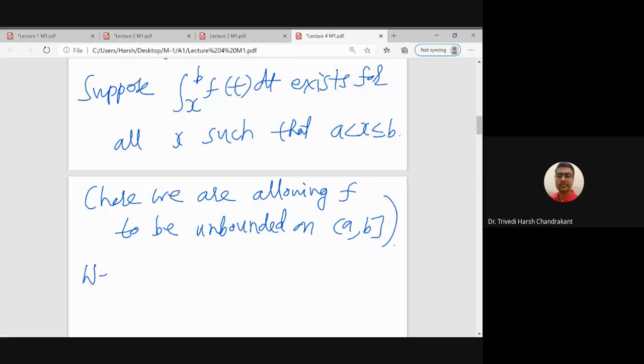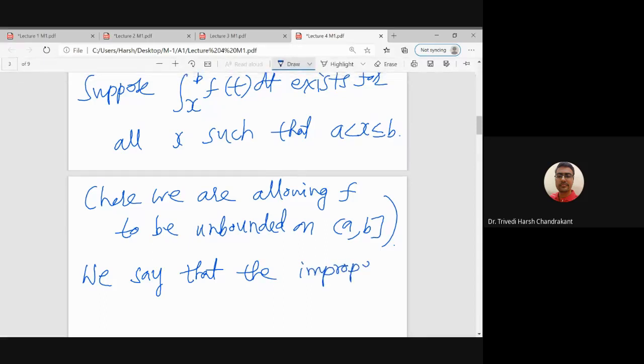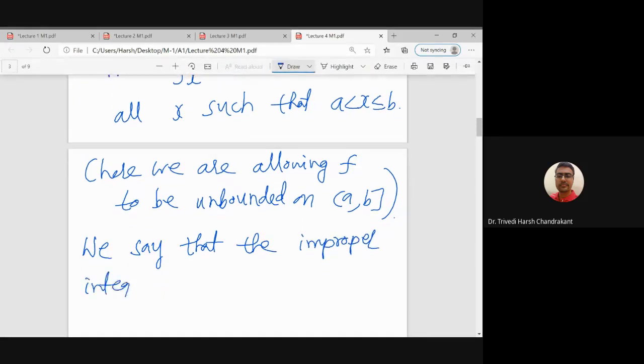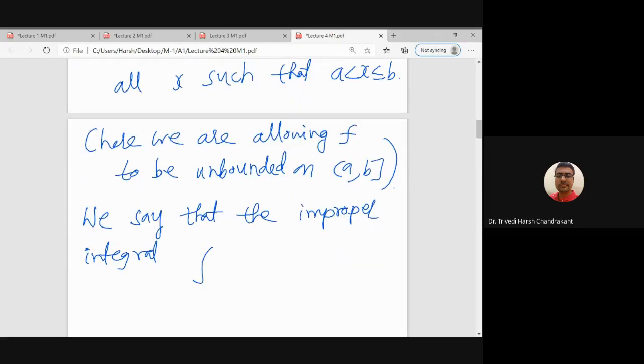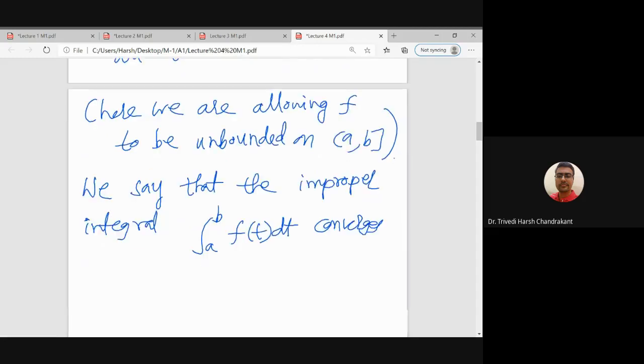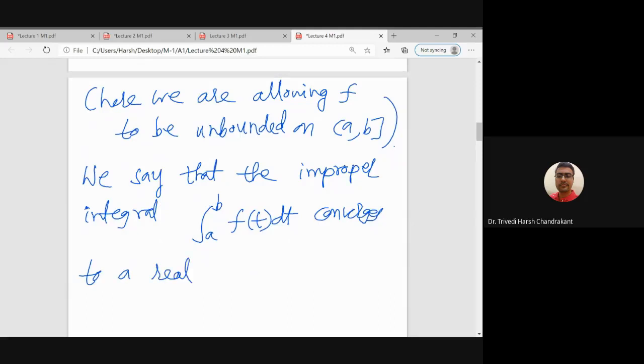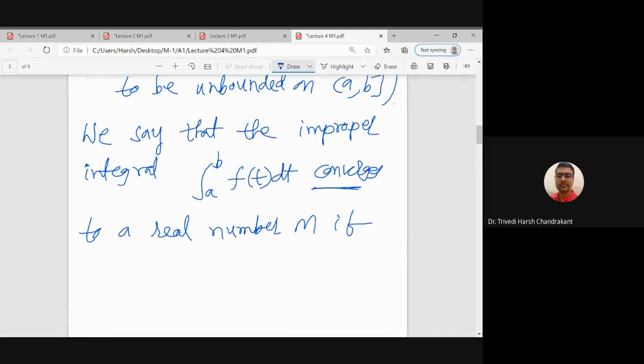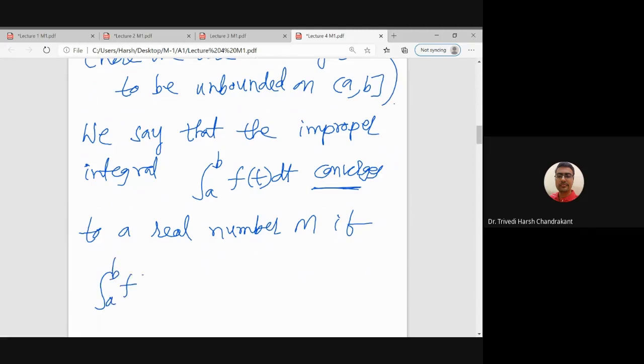So we say that the improper integral converges to a real number m if this limit, which we define as limit x approaches a from the right side of the integral from x to b, is m.